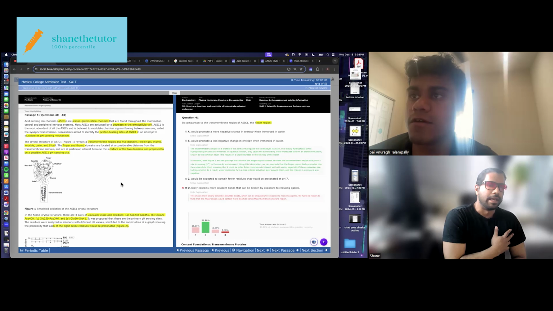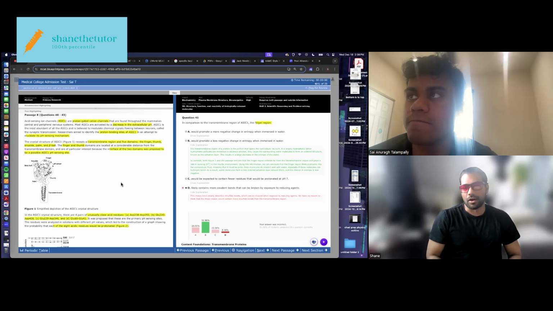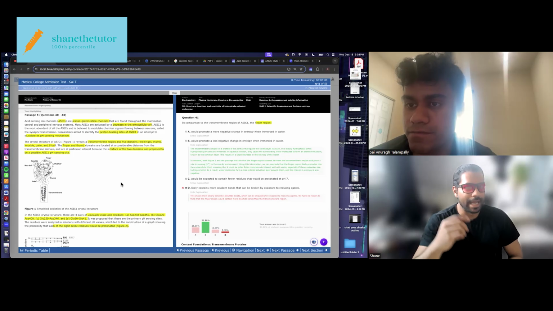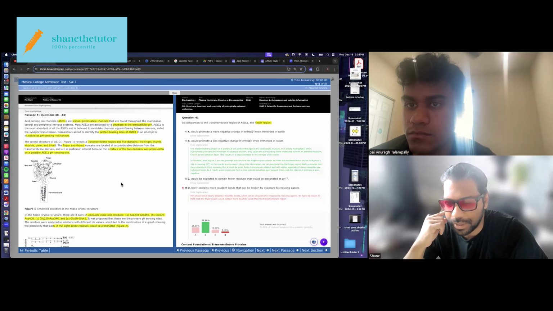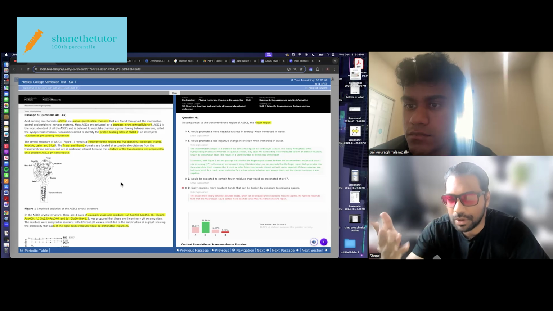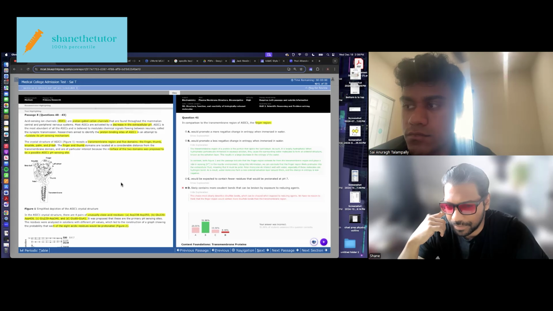Okay. A and B are talking about a change in entropy when immersed in water. So, a negative change in entropy. A change in entropy is entropy final minus entropy initial.